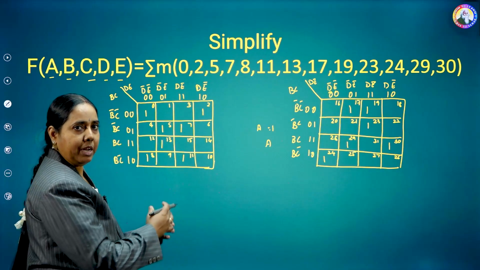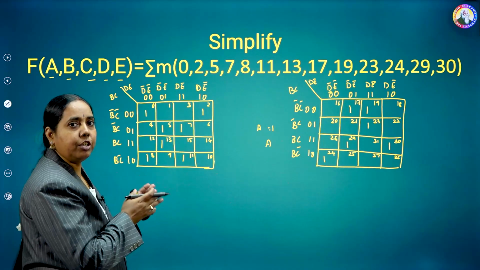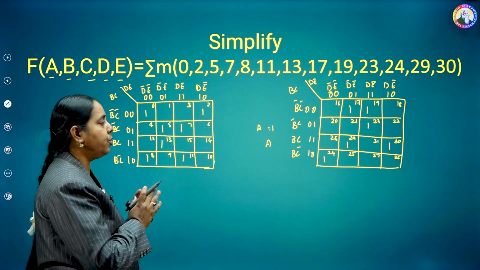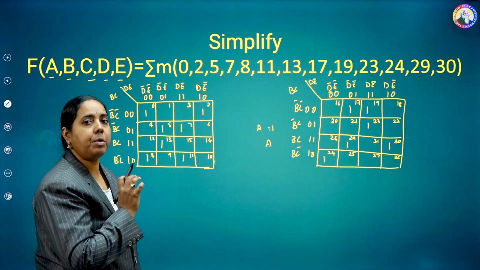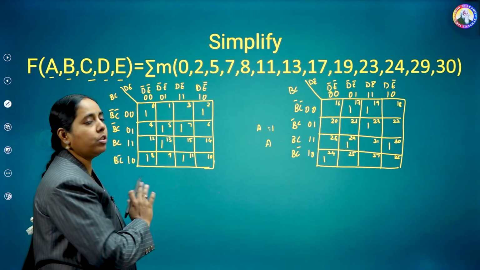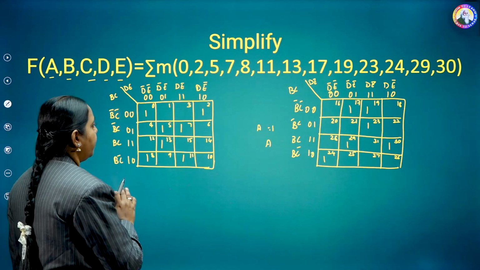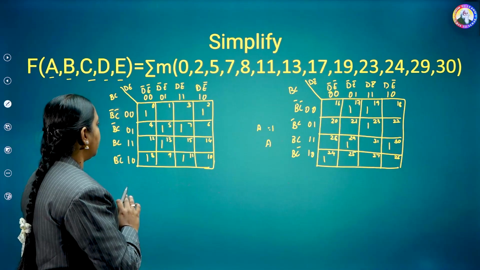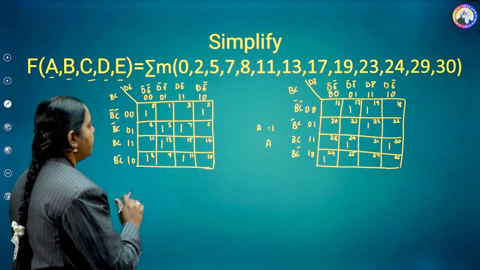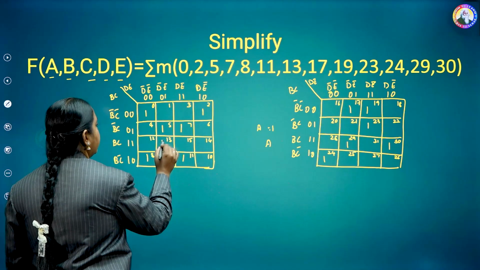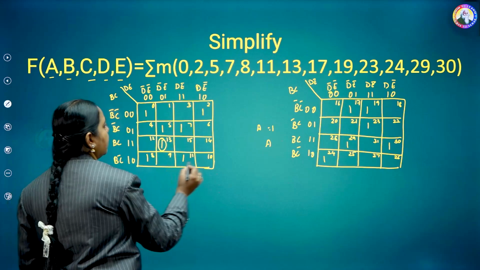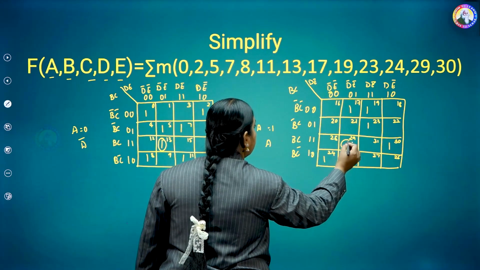After placing the given numbers, the first rule is that you need to check for the common terms, common cells that are present in both the squares. So where I am having the common cells, this is 1 and this is 1, right.